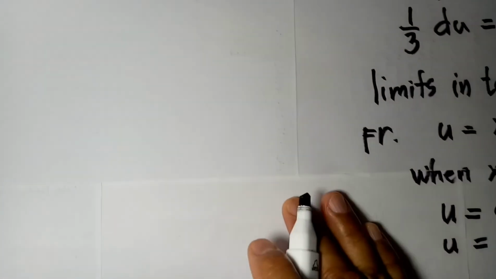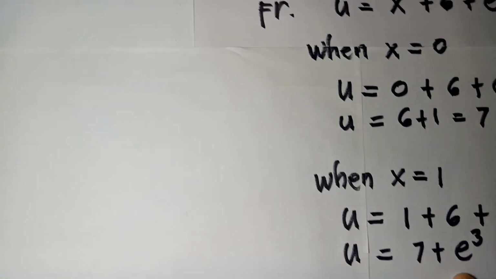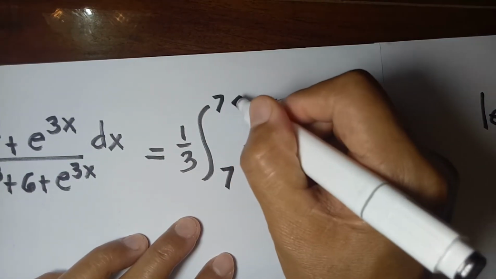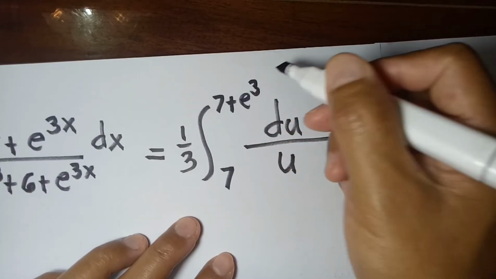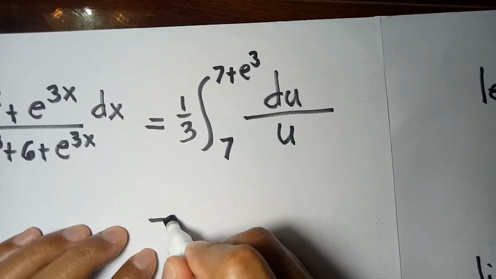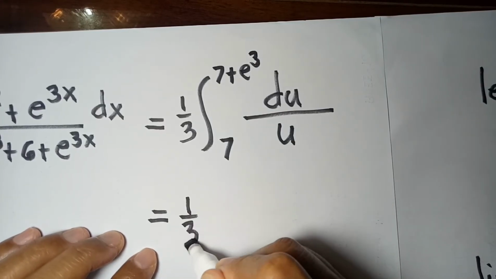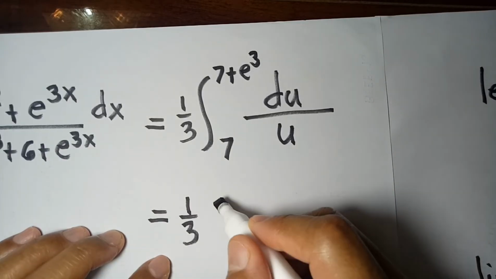At yung upper limit naman natin in terms of u ay 7 plus e cubed. Okay? And then let us integrate. So, I will have 1/3, no? And then, integral of du over u is ln of u.